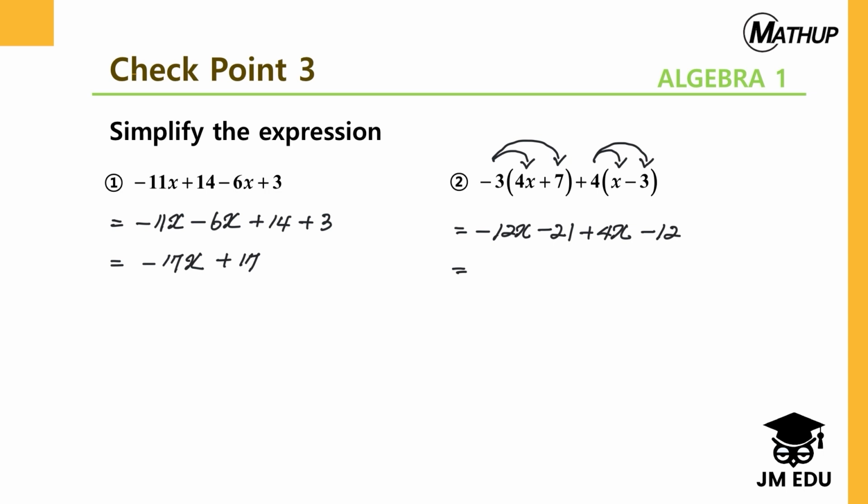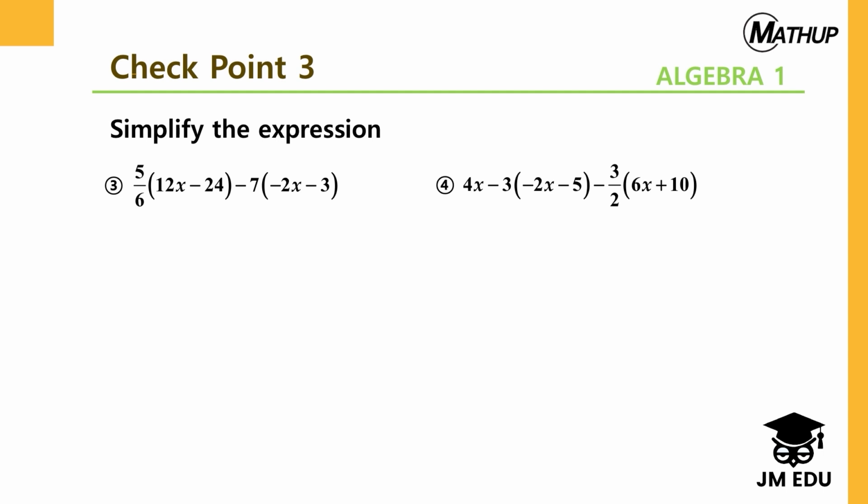So let's group the x terms and constants separately. Negative 12x plus 4x minus 21 minus 12. Negative 12 plus 4, that's negative 8. So we have negative 8x, and minus 21 minus 12, that's negative 33.